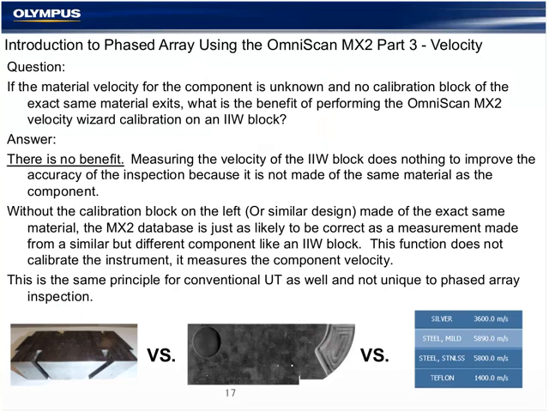Only in a block made from the exact same material will a true velocity, giving us the true angle in the material, be possible. But as conventional tradition for UT, it's often verified on this block with a 50 or 100 millimeter radius. And again, we would recommend selecting it from the database in the instrument if this block is not available.